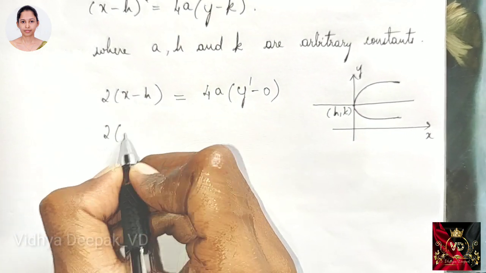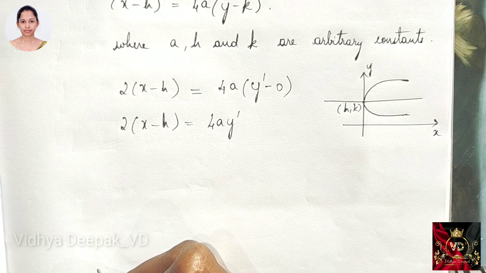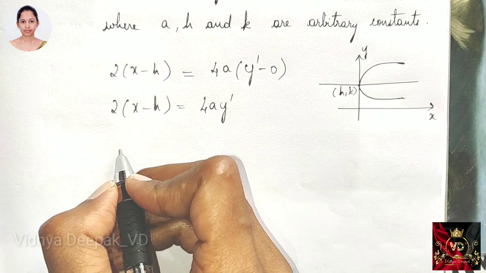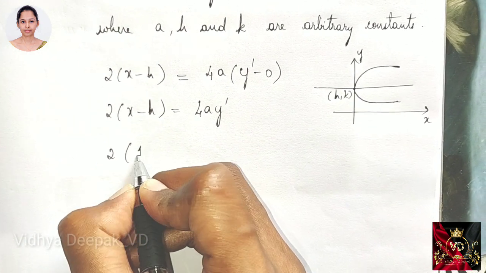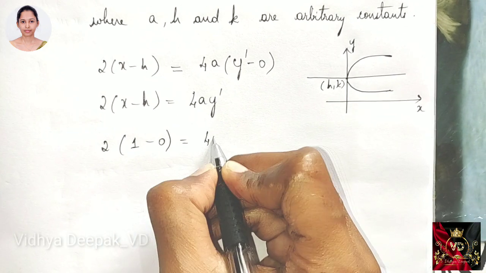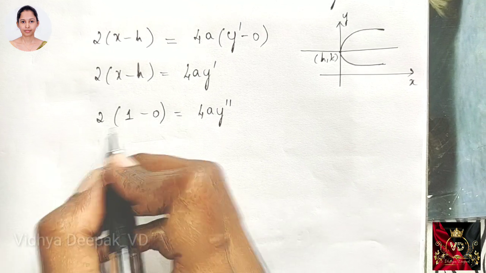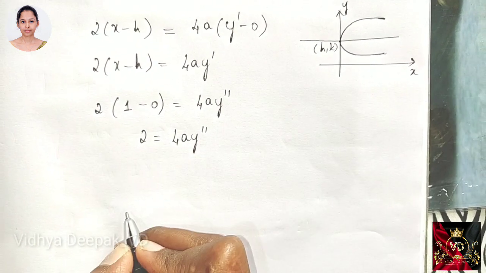So you have 2 into x minus h is equal to 4a y dash. Now differentiating this once again, second derivative, what do you get? 2 into differentiation of x is 1, differentiation of h is 0, is equal to 4a into differentiation of y dash is y double dash. So this becomes 2 is equal to 4a y double dash, right?